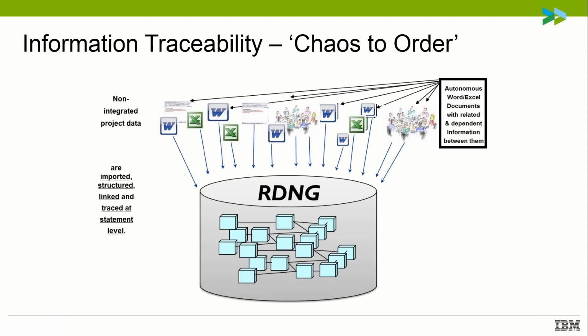The way that we start to do that is by moving through a process that I like to call chaos to order. So we start out with this non-integrated data, which we've visualized at the top here with unconnected documents, perhaps in Word and Excel, and we've got no links other than the manual process of updating those links between those documents, and there can be a lot of work around that.